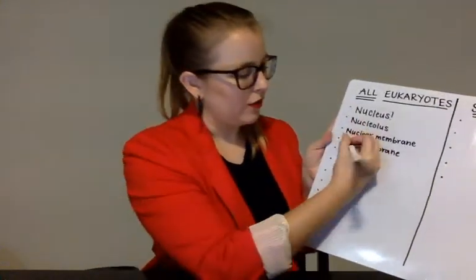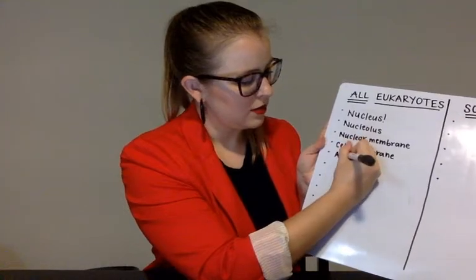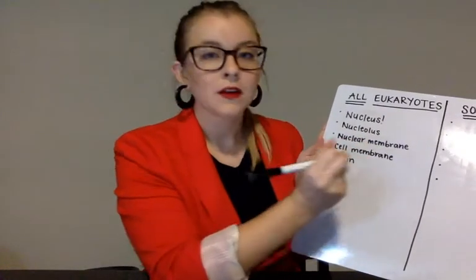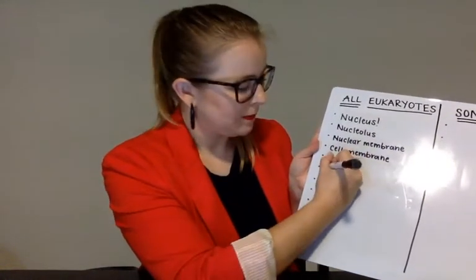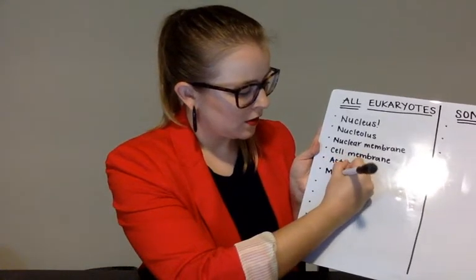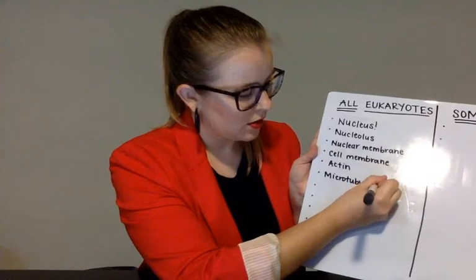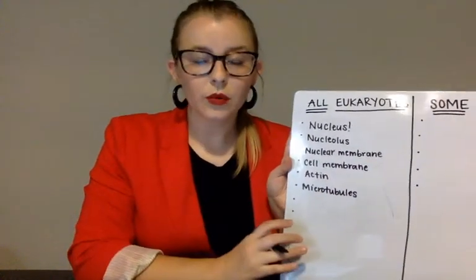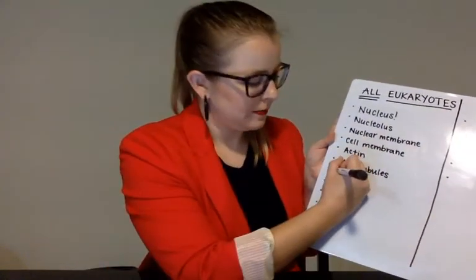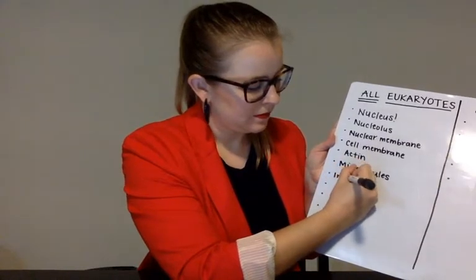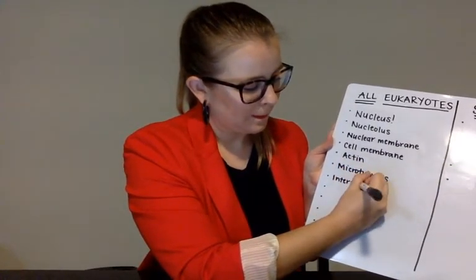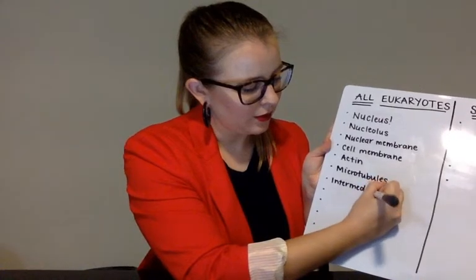Then they're going to have actin filaments. They're also going to have microtubules. We're also going to have intermediate filaments. That one will take me a little longer to write.